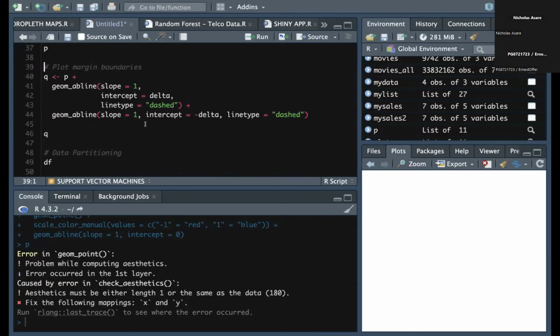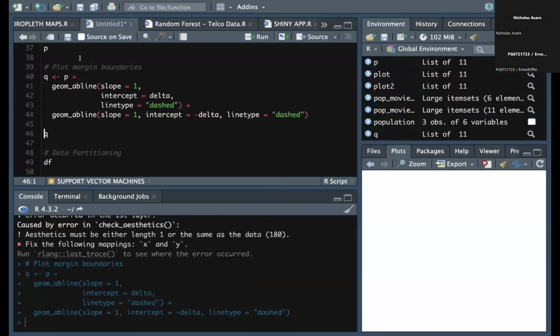Because the map is not coming. This one is also not coming. So run line 40, let's see. Is that where you are having the error? The error is starting from my ggplot. Okay.